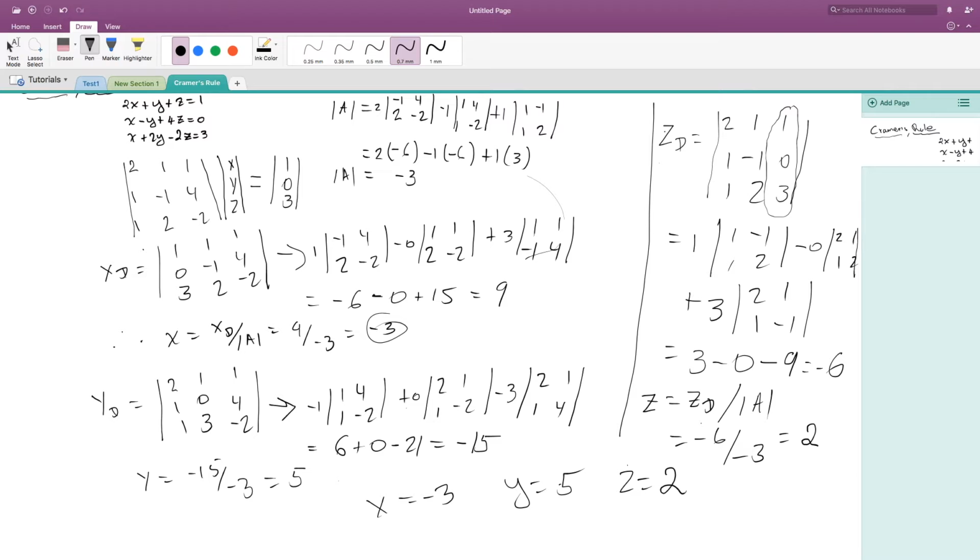So for the first one, I have 2 minus 3 plus 5 plus 2. So what do I get here? This is minus 6 plus 5 plus 2. So this becomes minus 1 plus 2 is 1. Alright, so that works with that.